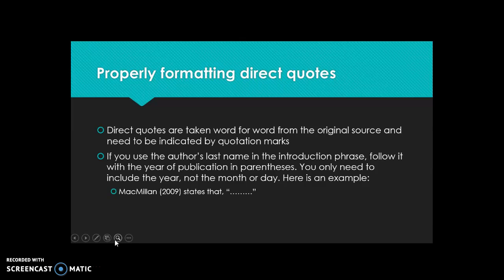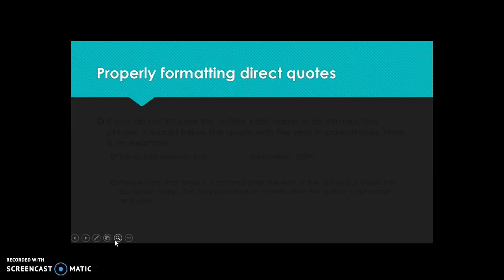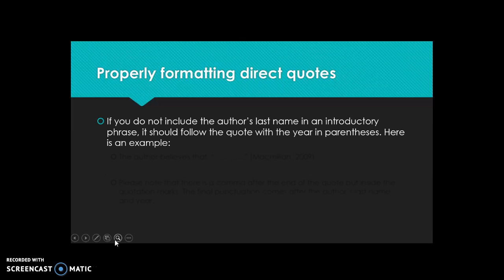So this is one option, so author and year in an introductory phrase, or if you don't include the author's last name in an introductory phrase, you need to follow the quote with the last name and the year in parentheses. So here's another example. So if I say the author believes that and then give the quote, I then give their last name and the year in parentheses after the quote.